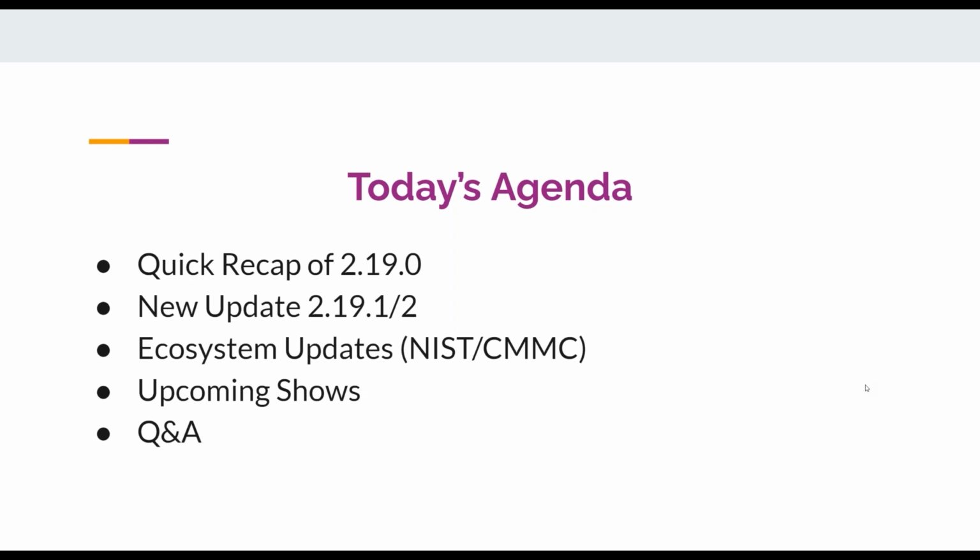We'll be talking about that here today. So we'll be going back for a very quick rehash of 2.19, just in case anyone missed those changes, talking about the new things that came out in 2.19.1, and then now it should show up as 2.19.2 in your dashboards. Talking again about the ecosystem updates, not that there have been many, because month to month there's not a whole lot, but as we scale across 6 to 12 months, there are new and interesting things with CMMC.